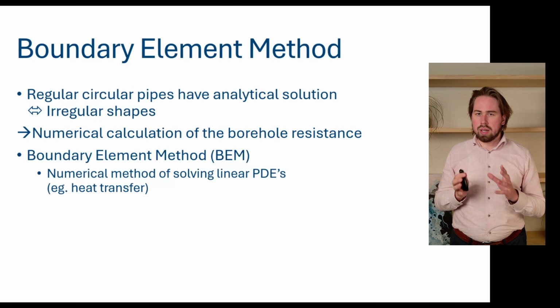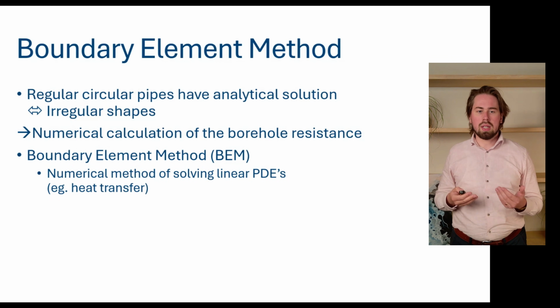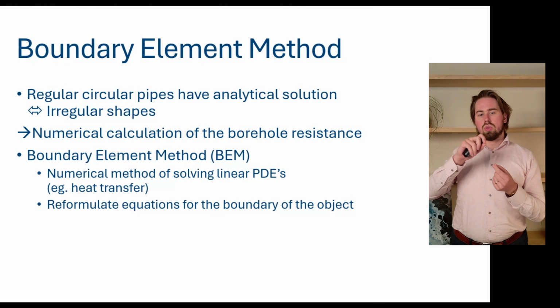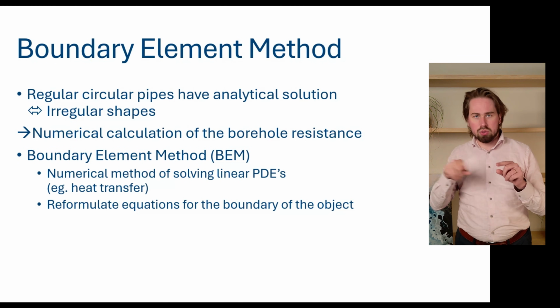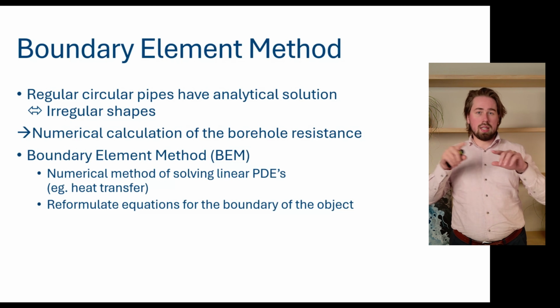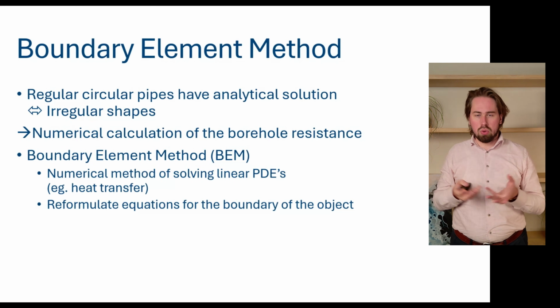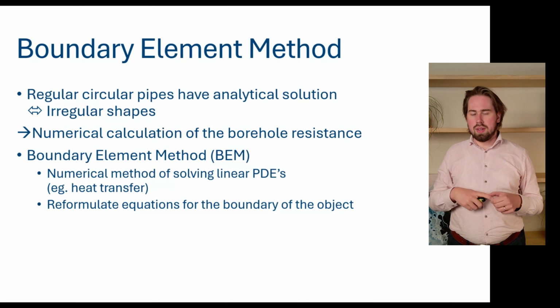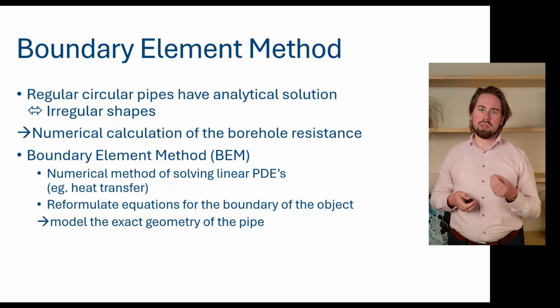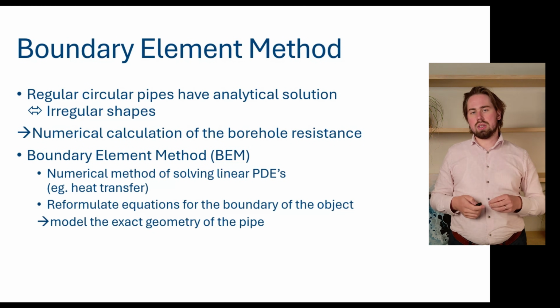And what this boundary element method does, instead of solving that for the whole area, the whole two-dimensional problem, is basically reformulating the equations to equations that work on the boundary of the objects. So the pipe elliptical boundaries, as well as the borehole circumference. And by doing so, we can model the exact geometry of the pipe and get the accurate borehole resistance for that.